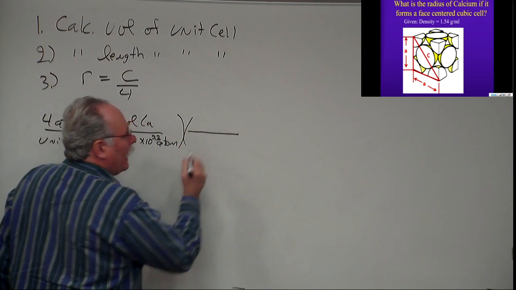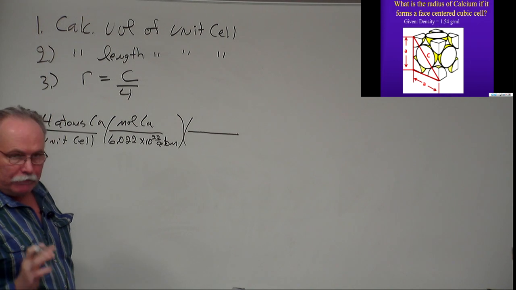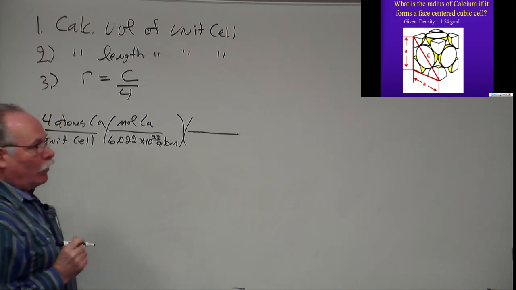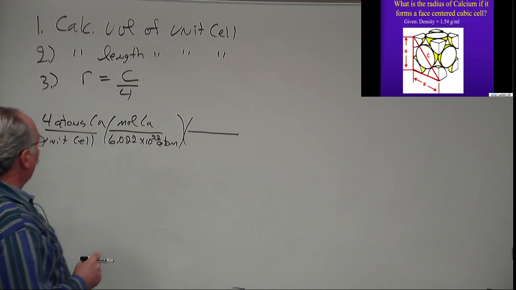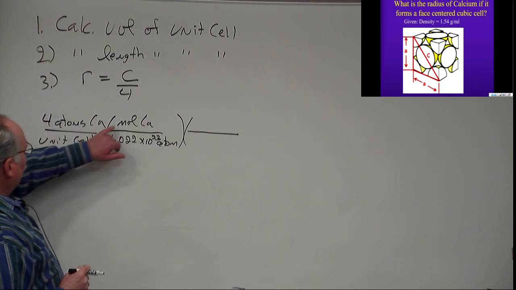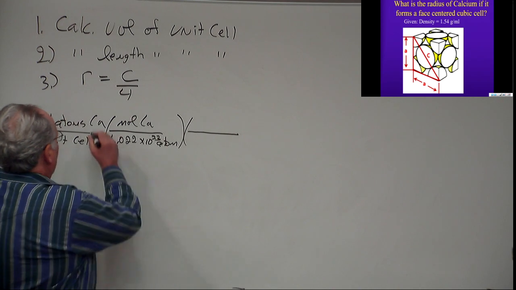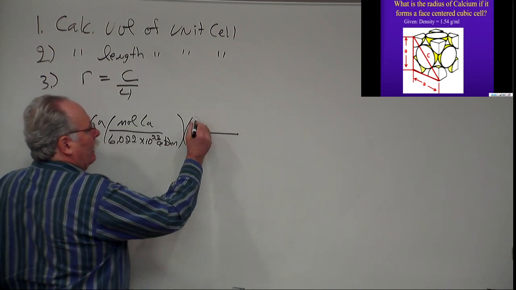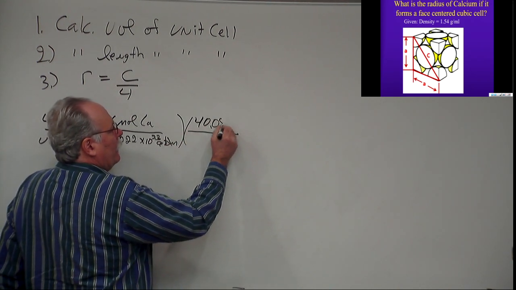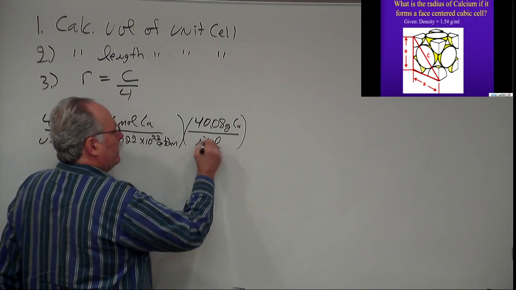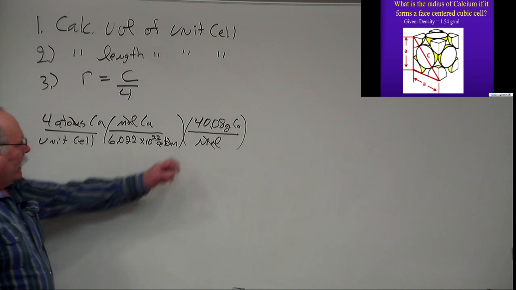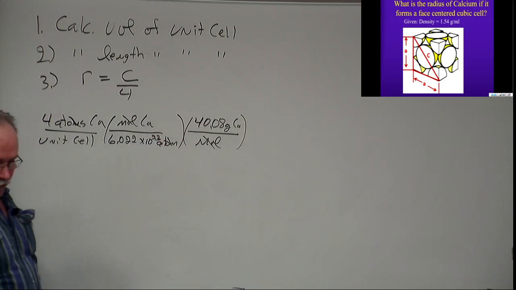And we know that calcium, if we go to the periodic table, has a molar mass of 40.08 grams per mole. So this has told us how many moles are in a unit cell. The atoms cancel. And I can now go 40.08 grams of calcium per mole. The moles cancel. And I now know how many grams there are in a unit cell.